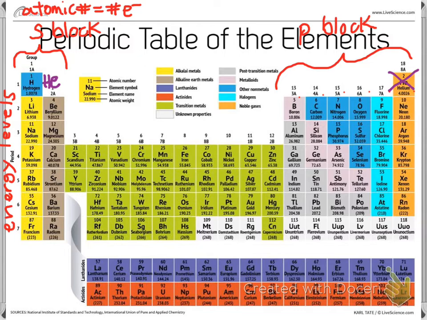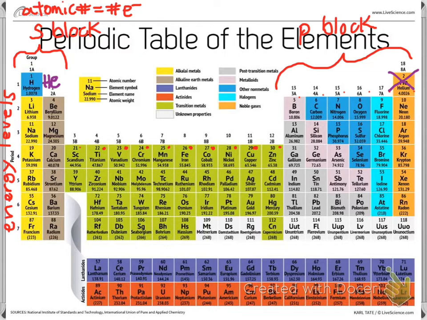All right? My D block. We want to talk about my D sublevel next, with my 5 orbitals being able to hold a total of 10 electrons. Again, notice across here 1, 2, 3, 4, 5, 6, 7, 8, 9, 10.